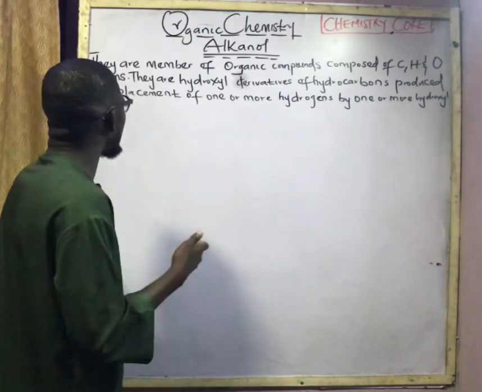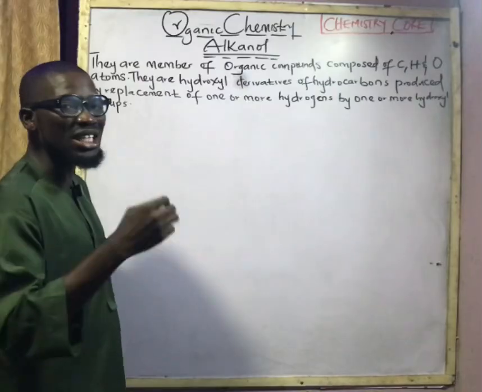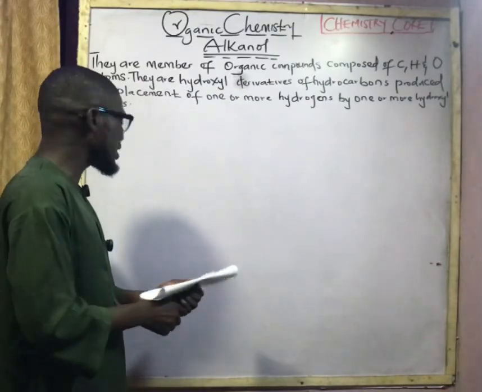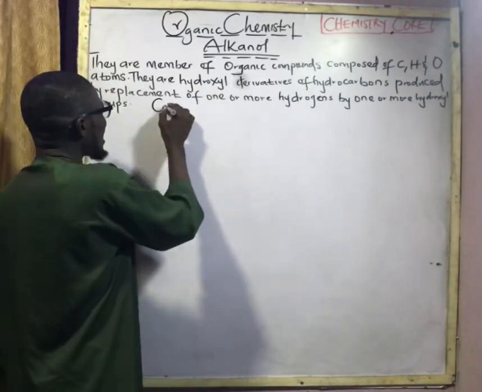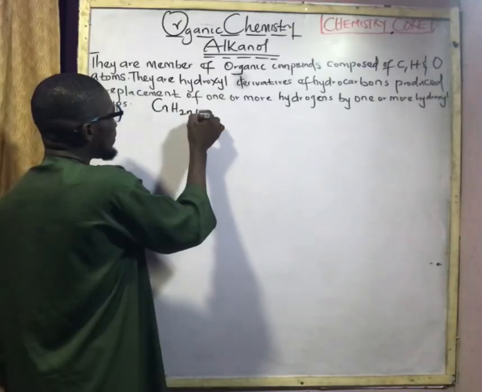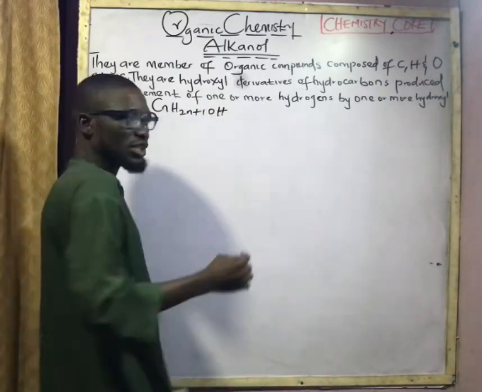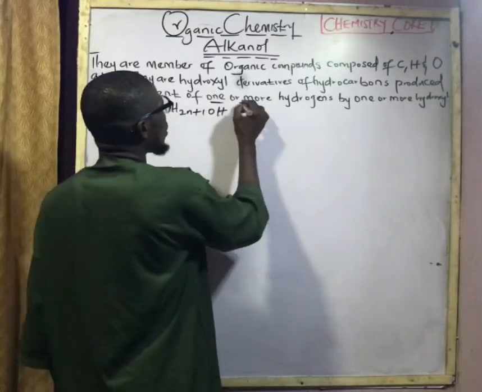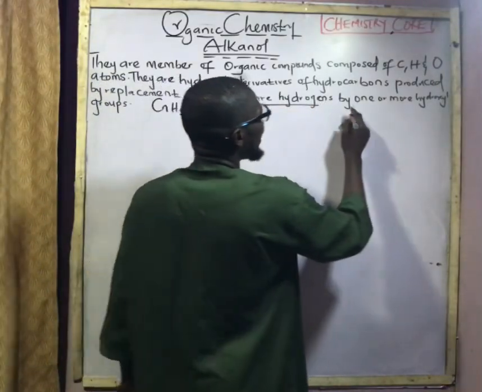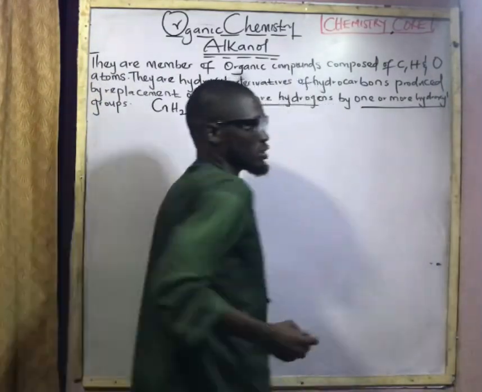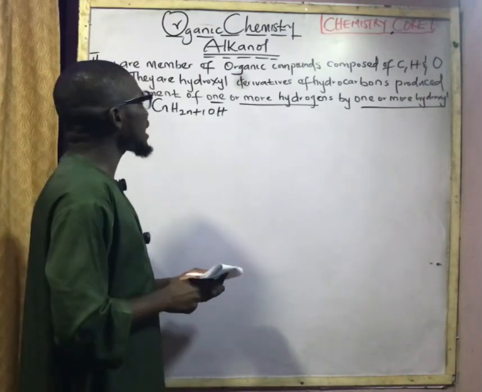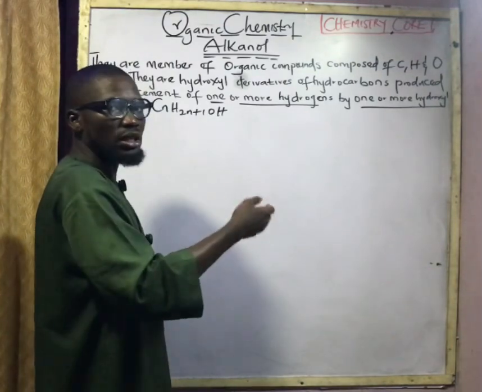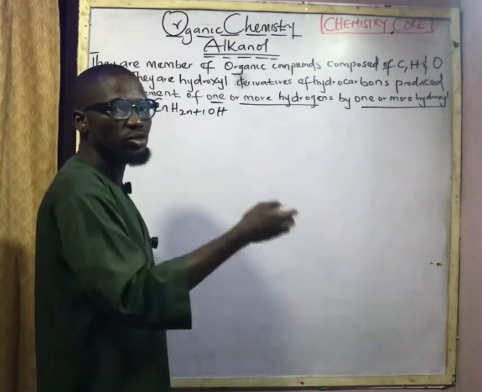So guys, when we are talking about alcohol, the general molecular formula is CnH2n+1OH. Is that clear now? Look at this place. They said one or more hydrogen replaced by one or more hydroxy.